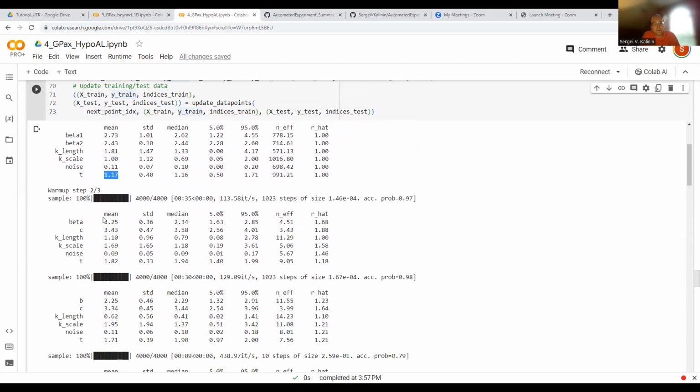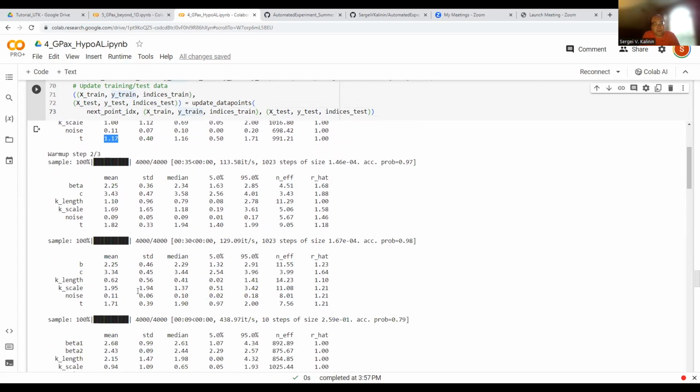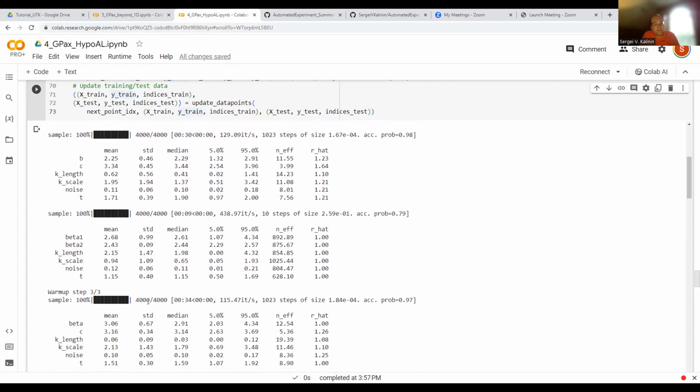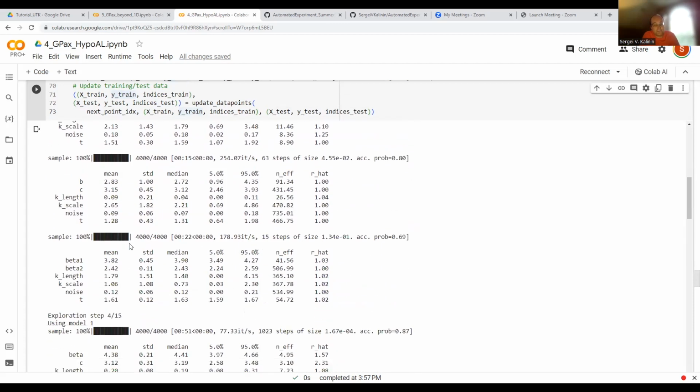Anyway, then we run the second warm-up step. Again, we evaluate all the 3 models with the addition of the new point that we test. So our parameters are updated. Then we do it a third time.